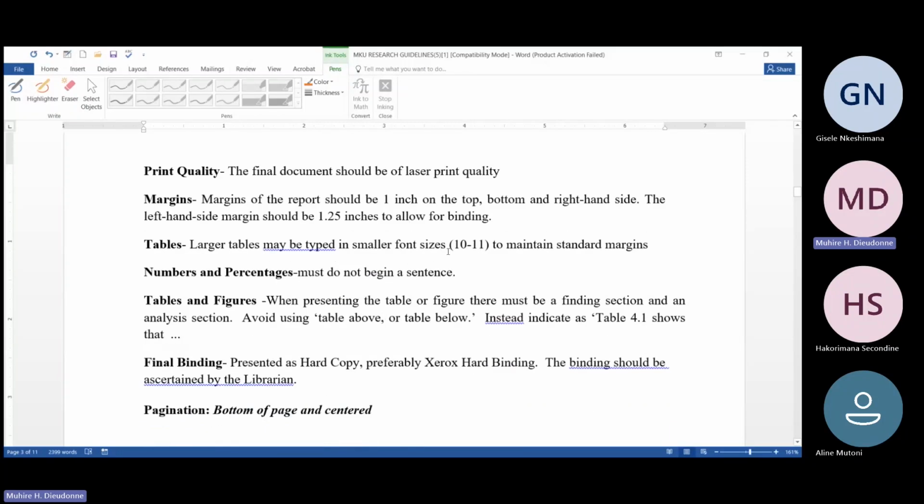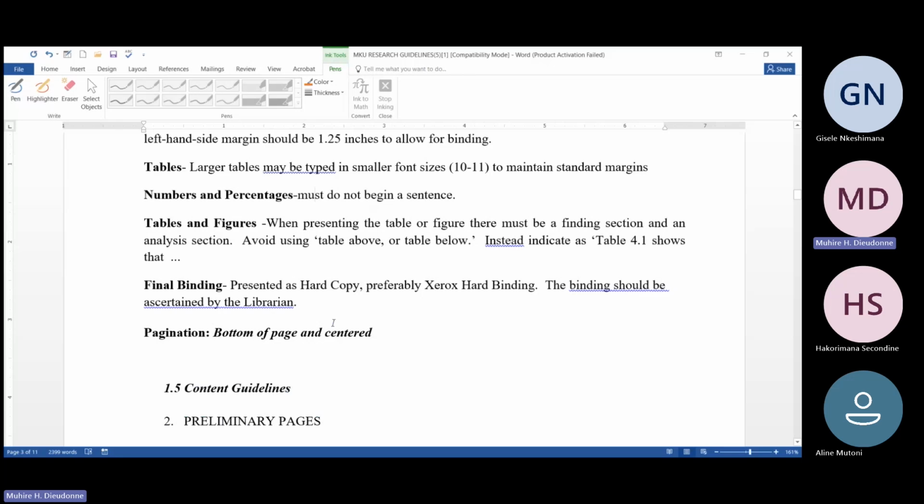So for tables, font size must be between 10 and 11, and a number or percentage must not begin a sentence. So if you are doing your research, don't start a sentence with a number or a percentage. It's not good. Tables and figures must be in the findings and analysis section.